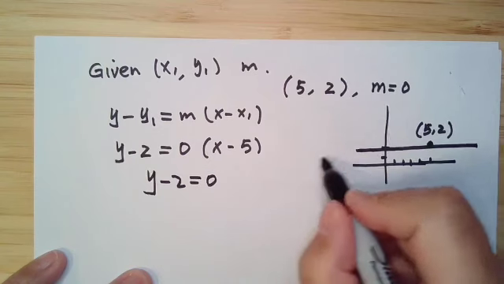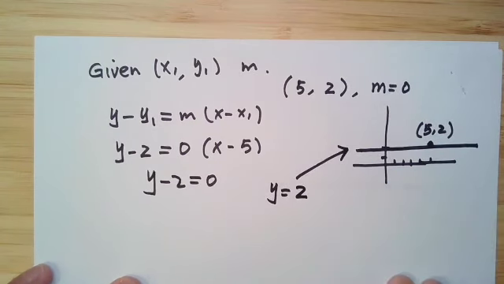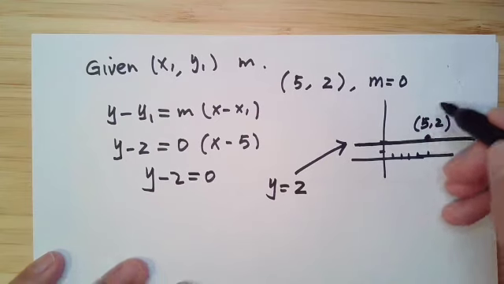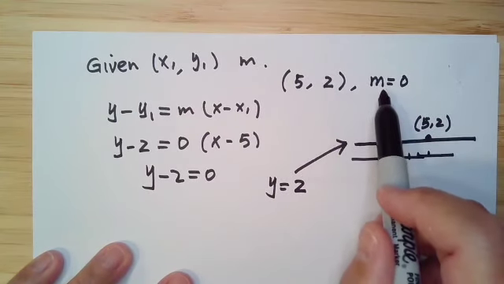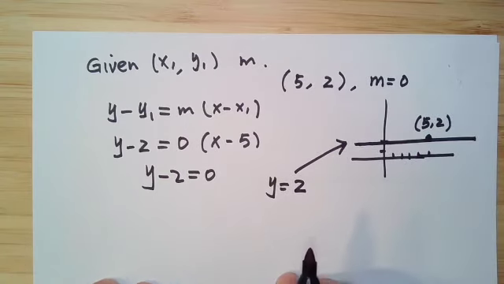Is that the same thing as you get from here, that the line is y equals 2? It's the same thing, isn't it? And for the vertical line, if I give you 5, 2, and the m is undefined, then that will be x equals 5. So I'm not going to detail that.